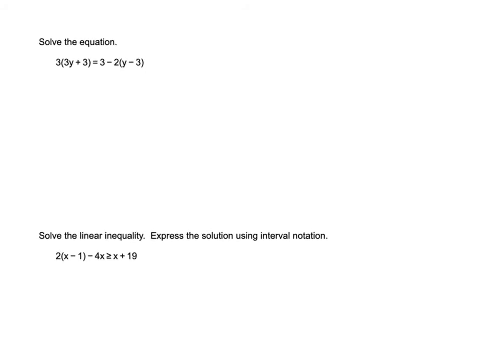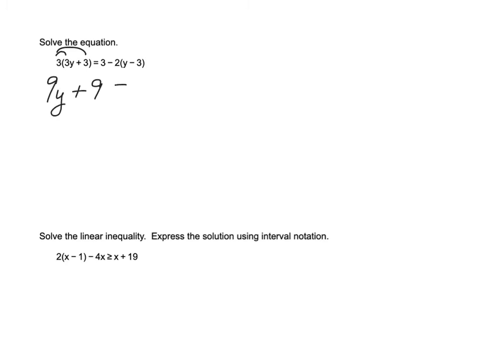Now we get to solving equations. These are just basic linear equations. This particular example has just got y in it instead of an x, just a different variable. But we're going to solve for y. So let's just work it out. We're going to start by distributing through the 9, the 3, and then the negative 2 can distribute also.